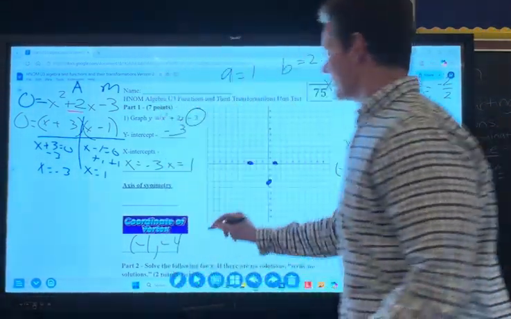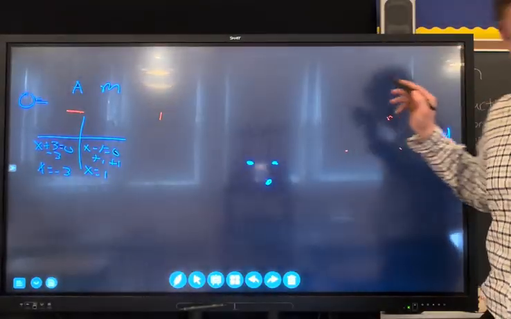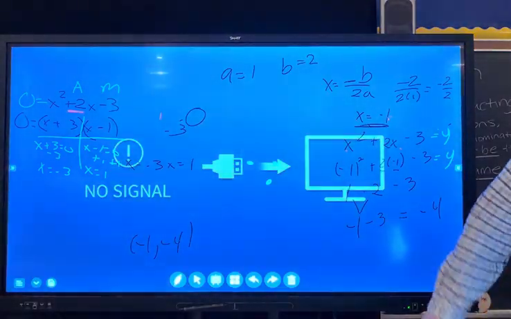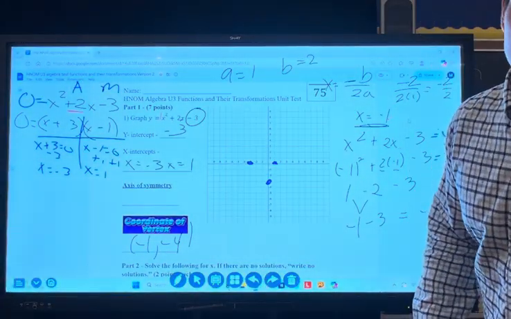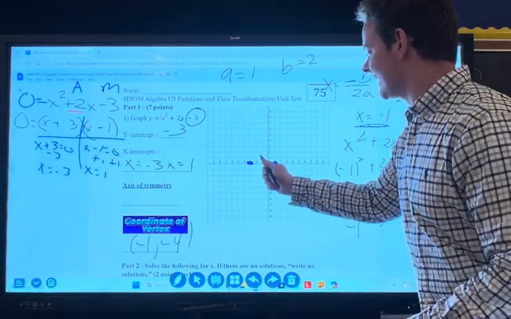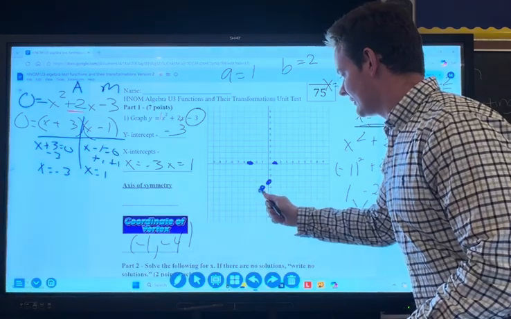Which means my coordinate of the vertex is -1, -4.